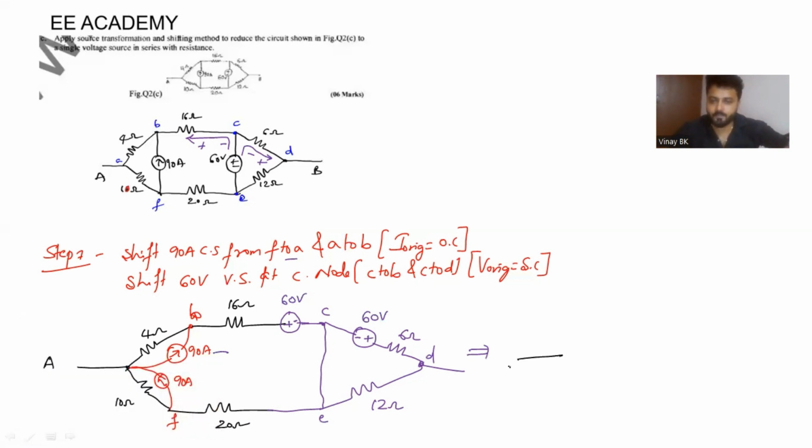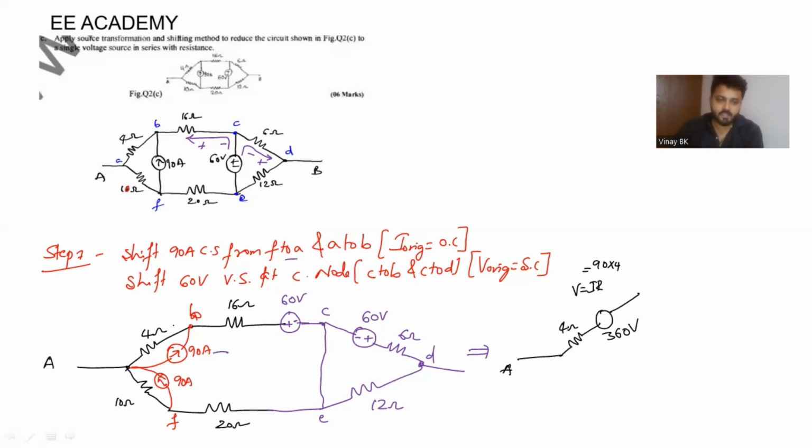From A, this 4 ohm 90 amperes will be transformed into voltage source. So it will become like this. 4 ohm 90 amperes is nothing but V is given by I into R, whereas I is 90, R is 4. That's nothing but 90 into 4, you get 360 volts.